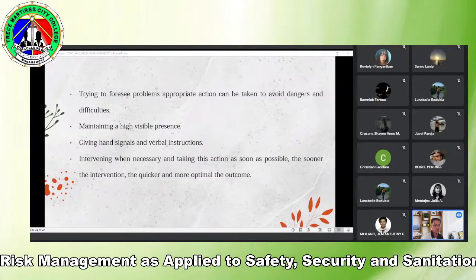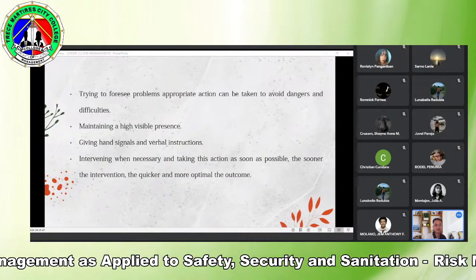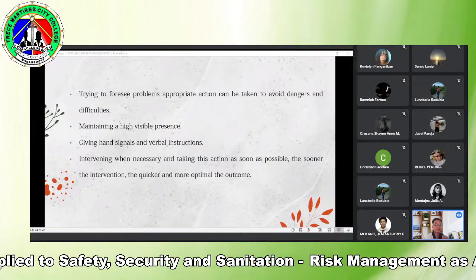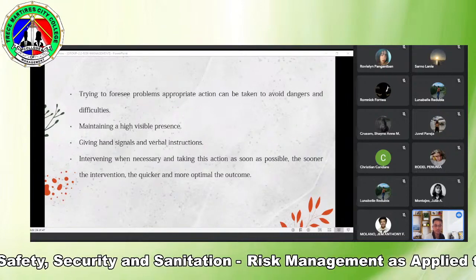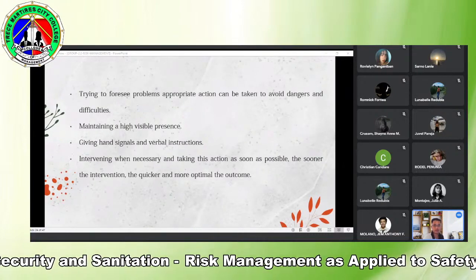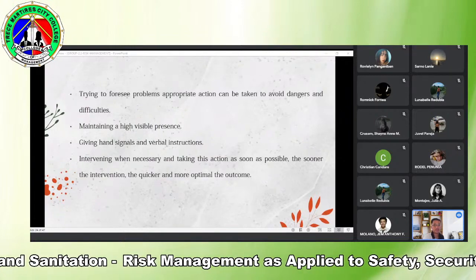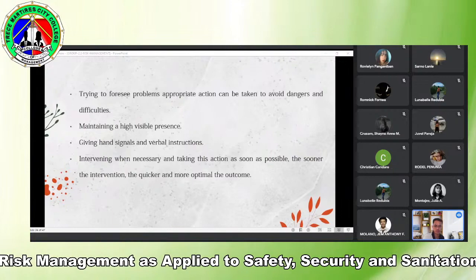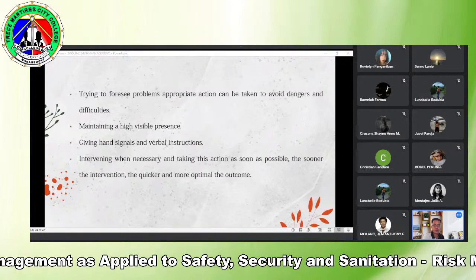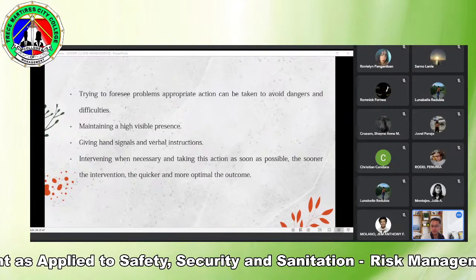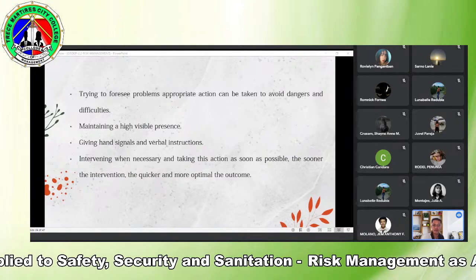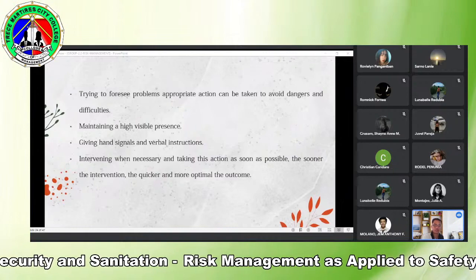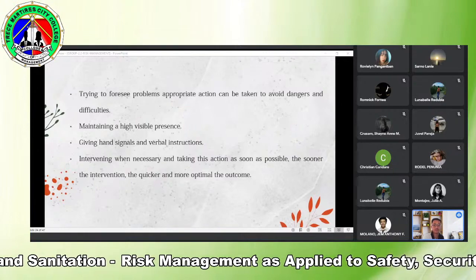So, when someone or a woman is hand signaling like this, okay, it means that person is under some sort of stress, harassment, or some sort of. So, a person can intervene when necessary and take action as soon as possible. Okay, because that is very serious.